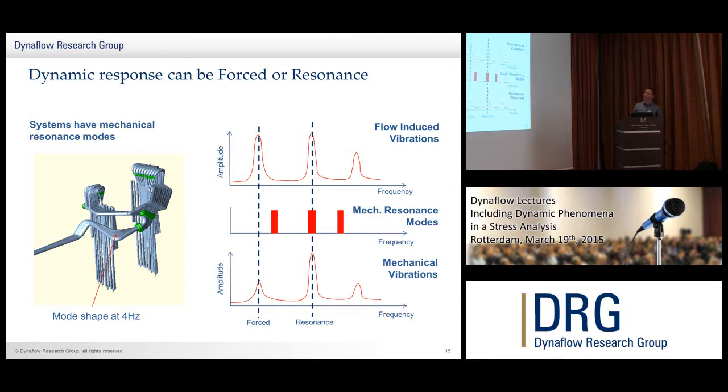And what we're seeing here is an overlap between the flow-induced vibration and the mechanical resonance mode, which leads to a larger mechanical vibration. Now in this case, on the left, we have flow-induced vibration that does not overlap with mechanical resonance modes. And this is referred to as a forced vibration. And the flow-induced vibration is not exciting a mechanical resonance mode.